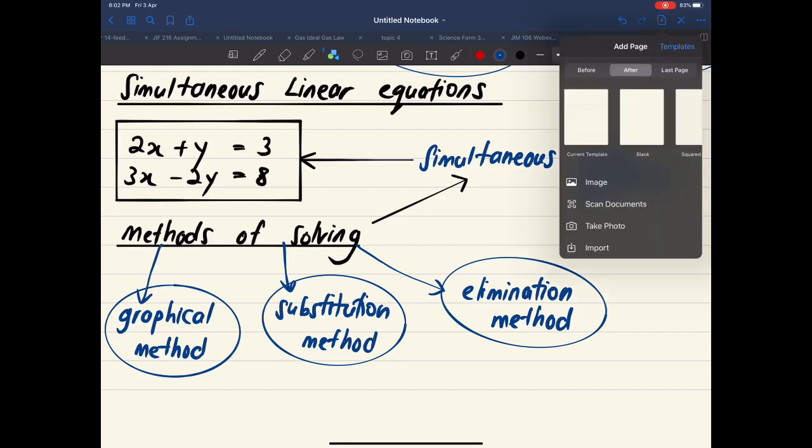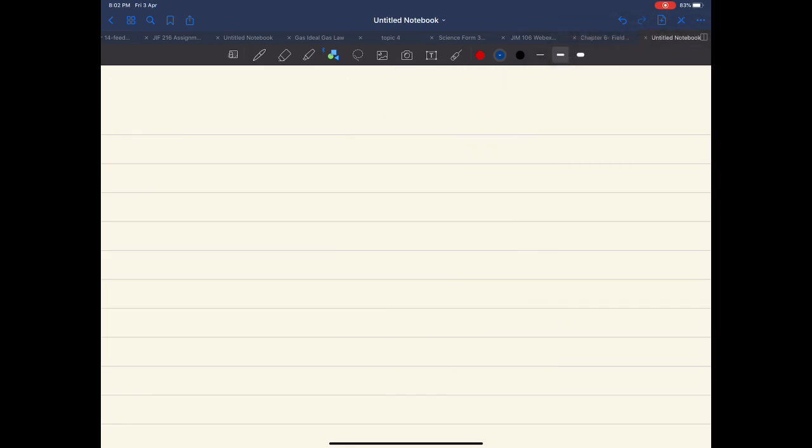The one we mostly use during exams or in our normal questions is the substitution method, which is quite easy.